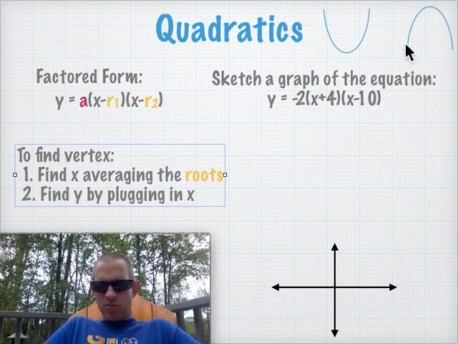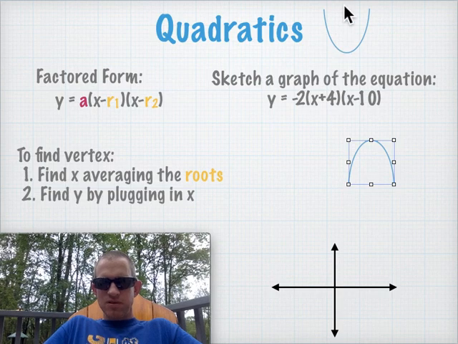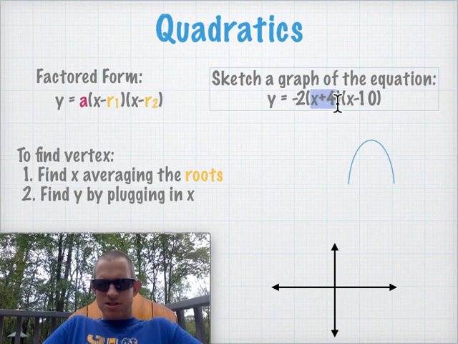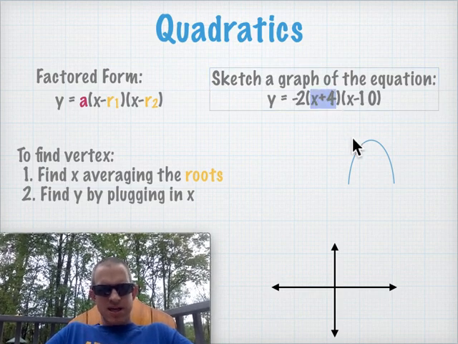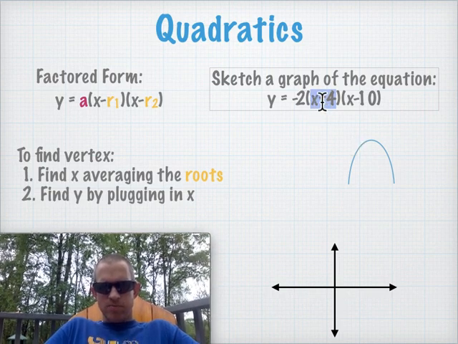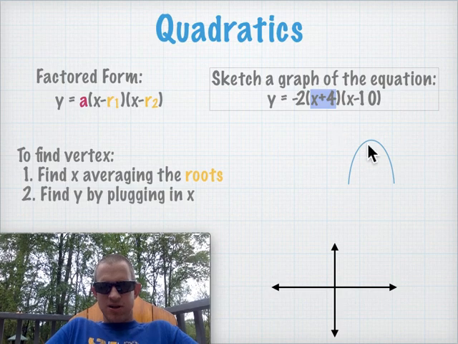So it's going to be a graph that opens down. And if we wanted to figure out some of the points it goes through, if we look at just this chunk and think about what x makes that a 0, that is one of the roots, and negative 4 would make that a 0. So that means this graph has to go through negative 4 on the x-axis.